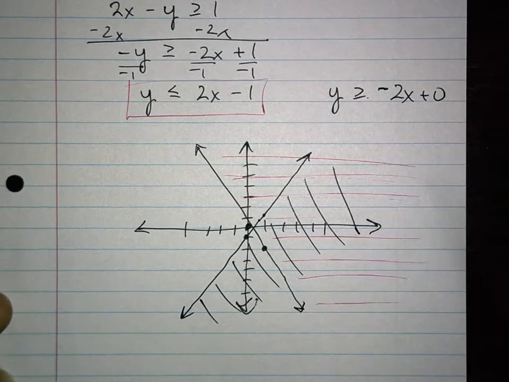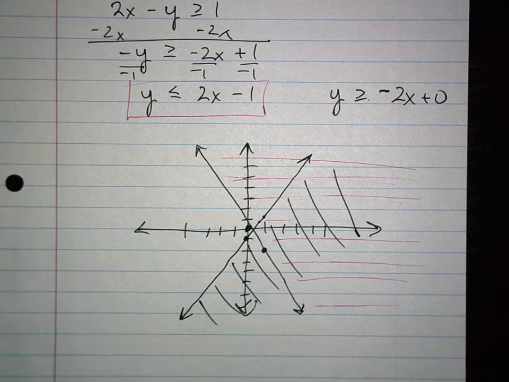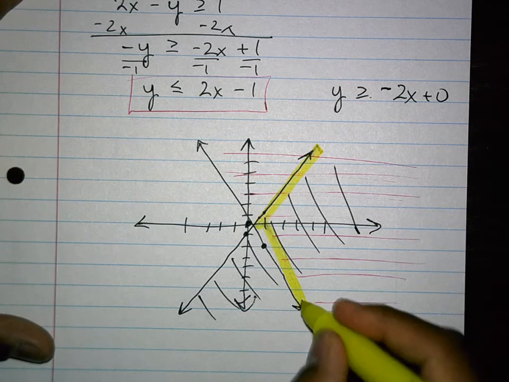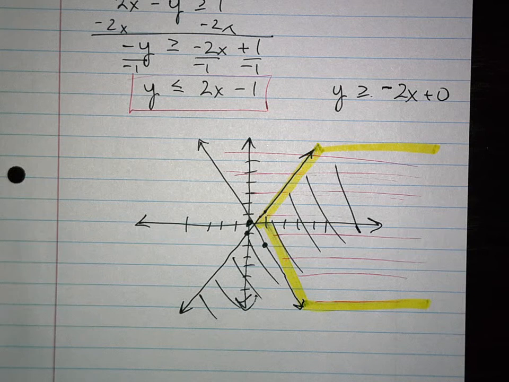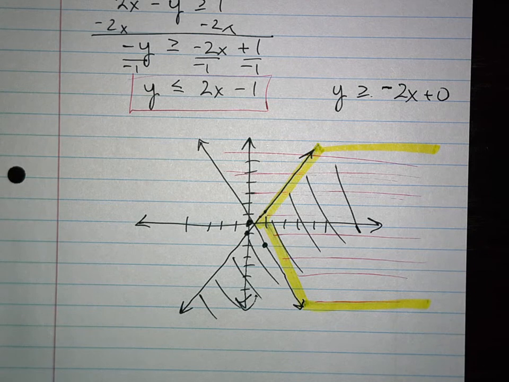So if you want to know where the solution is, remember it's where the shaded regions overlap, and so that's basically in this region right here would be my solution. Everything in there. That's where the shaded regions overlap. Okay. Number 56.